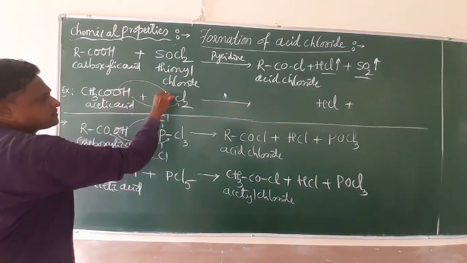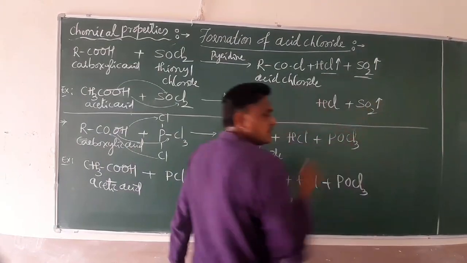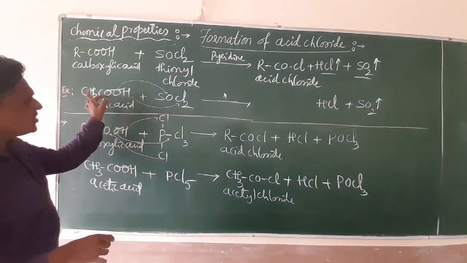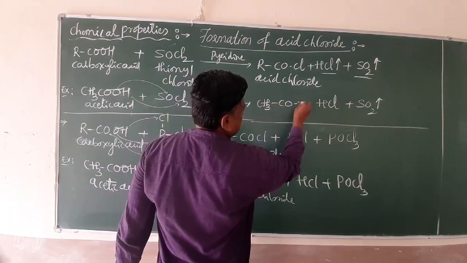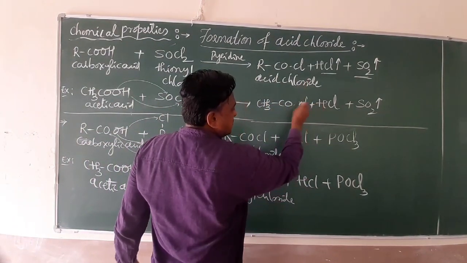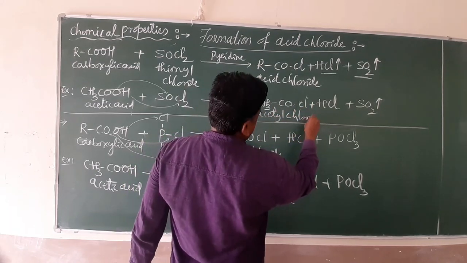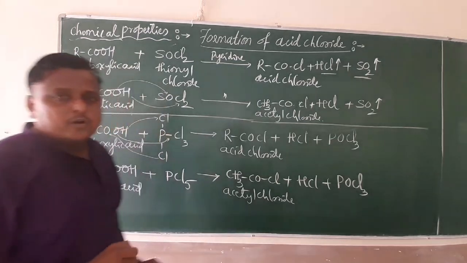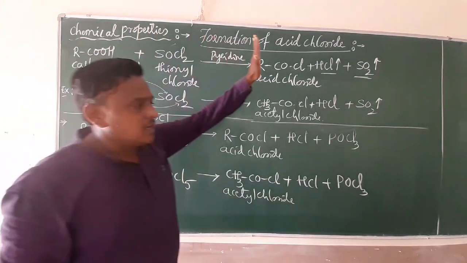One of the oxygens is combined with SO, and this is your SO2 gas. What remains? CH3CO and 1 Cl, CH3COCl, which we call acetyl chloride. This is the more important industrial reaction, thionyl chloride, because the byproducts are gases.